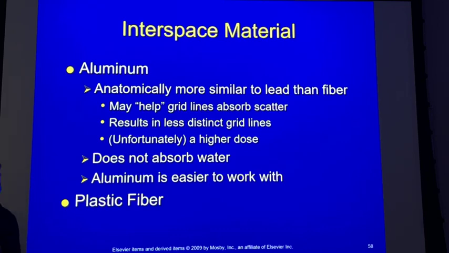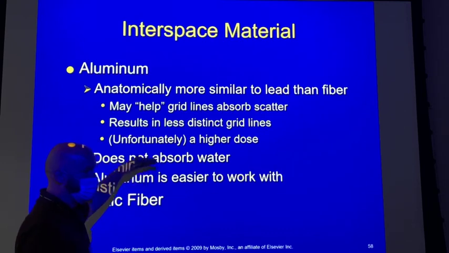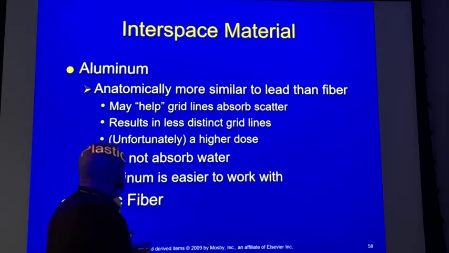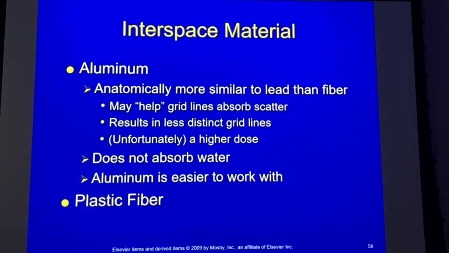So it's not ideal for patient dose, but for construction of the grid and to minimize the effects of those grid strips, the closer similarity between aluminum and lead in those interspace materials and the grid strips makes the grid lines not be as obvious. Does that kind of make sense? So aluminum is used a lot. Plastic fiber is used as well.